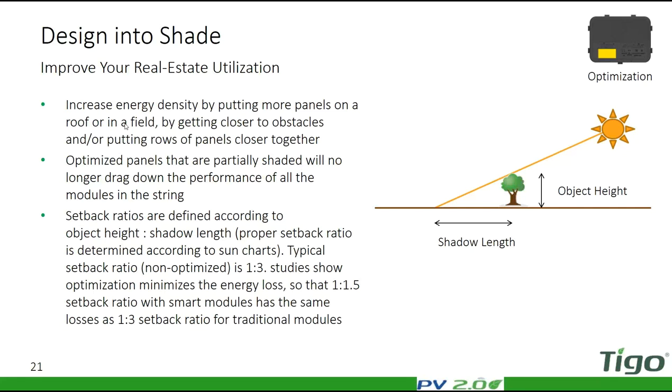So like I mentioned before, let's say you have a panel that's shaded for 2 hours during the day. You can rest assured that while this panel is shaded, the rest of the system is performing well. It's not performing as if it has a shaded panel. All the other modules are producing their maximum available energy, which basically allows us to get closer to objects and better utilize the roof or real estate that we have.